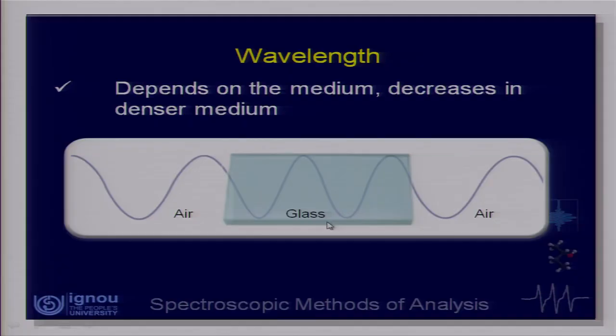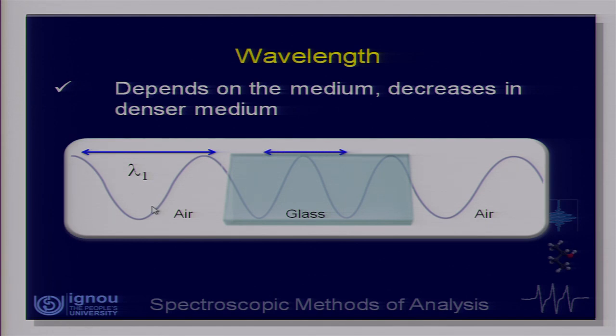But when EM radiation passes through a medium, there is a decrease in the velocity. Let us see what happens here. Look at this picture. We have a radiation which is in air right now, and from air it moves on to a denser medium, say glass, and then comes back to air. In the rarer medium of air, this is the wavelength, say lambda 1.